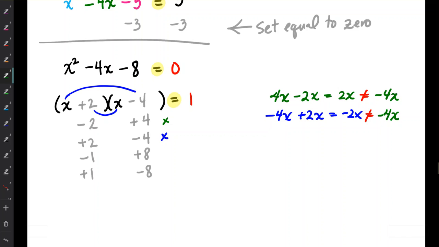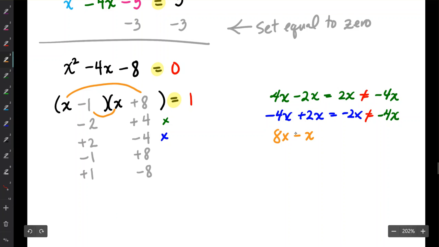Okay, so we know it's not that pairing. What about the minus 1 and the positive 8? X times 8 would be 8x, and minus 1 times x is minus x. 8x minus x is 7x, and also a fail. That's not equal to your minus 4x here.